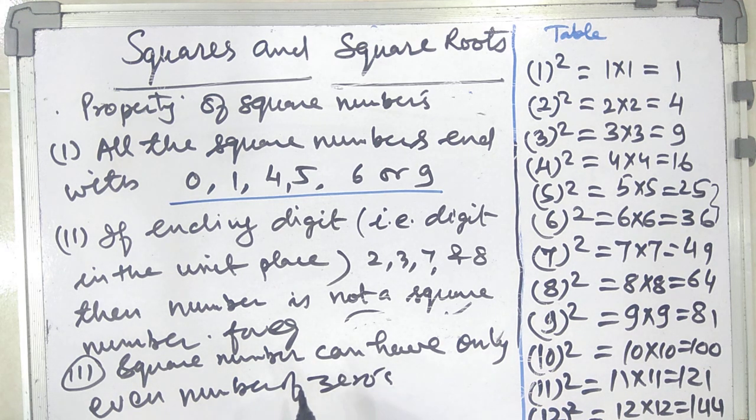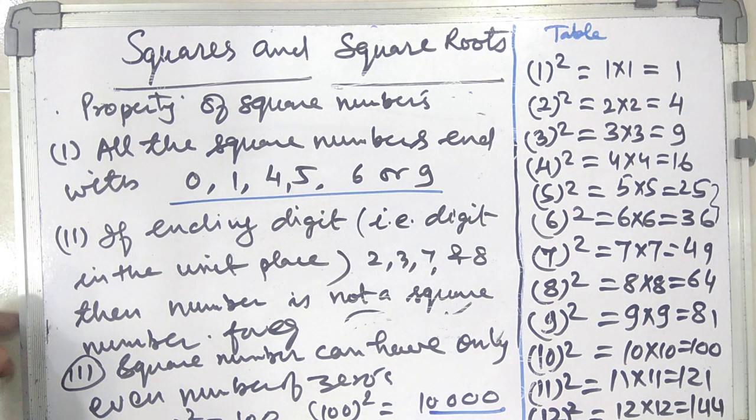Students, a square number can have only an even number of zeros. For example, 10 square is equal to 100, an even number of zeros. 100 square has 4 zeros, 2 zeros, an even number of zeros, students.